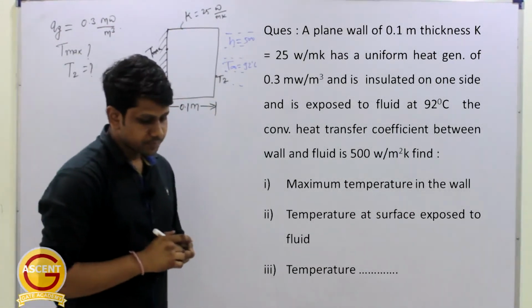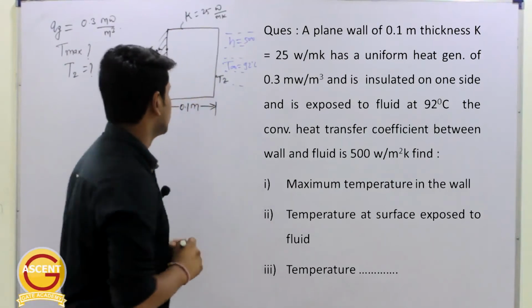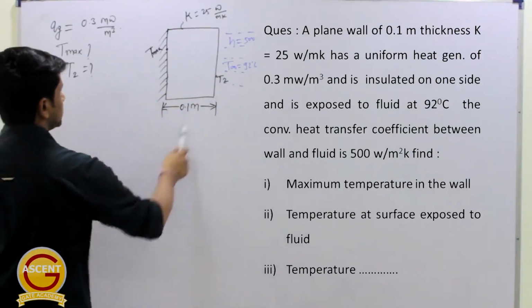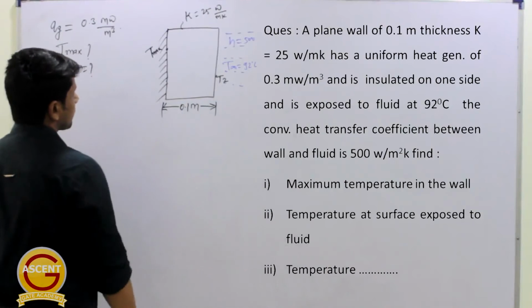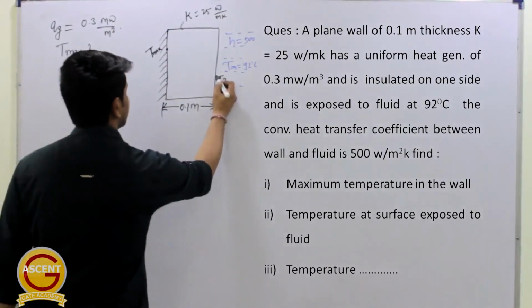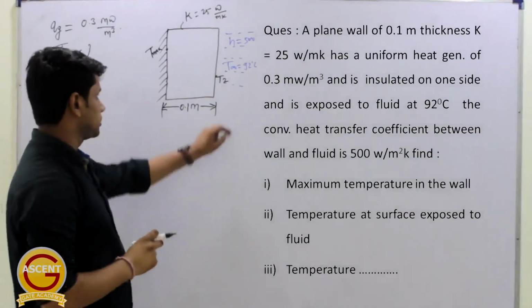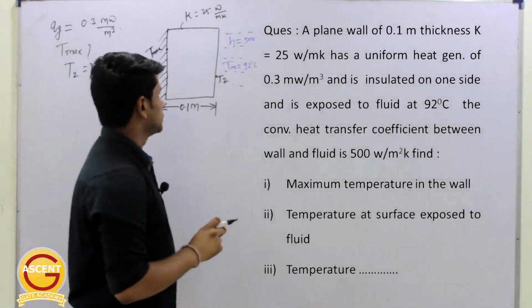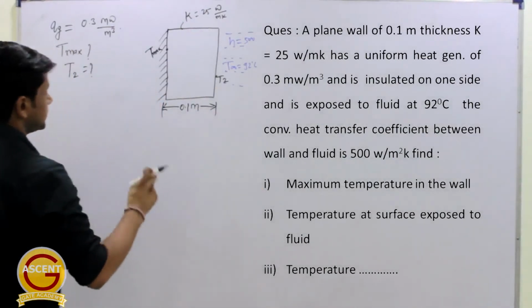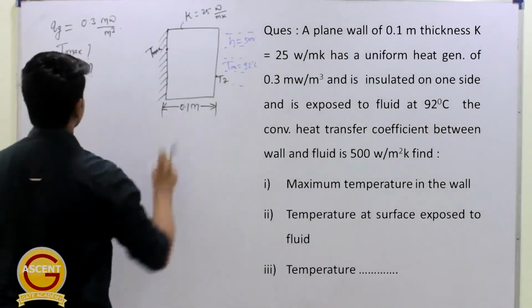Right? So how can we approach this problem? See, in this problem this T2 temperature is not given. Right? So here we will use the energy balance equation because the temperature is unknown. So by energy balance equation we can easily find out this temperature T2.